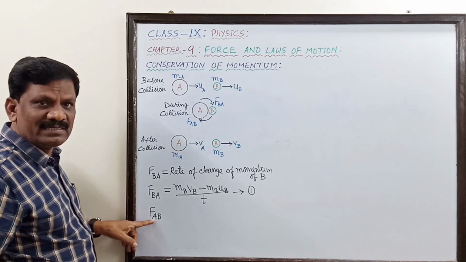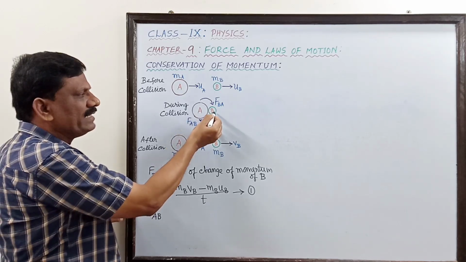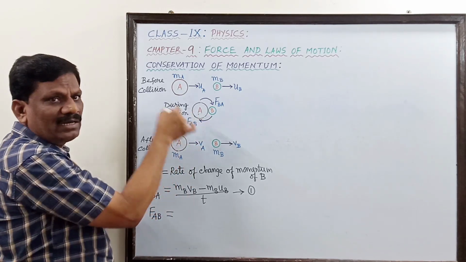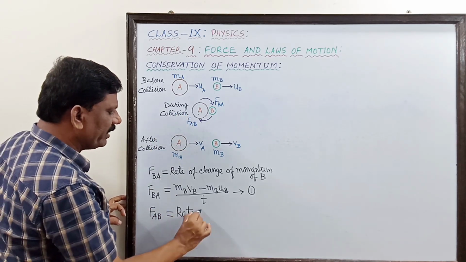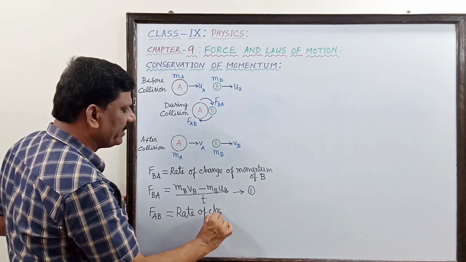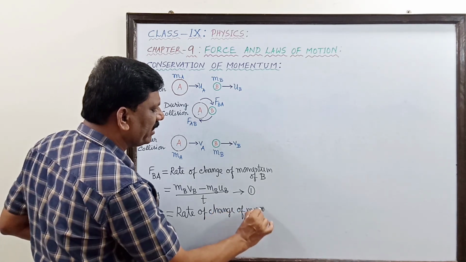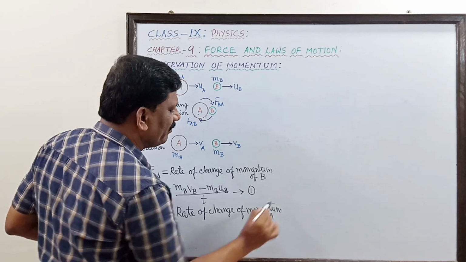First subscript is A. So FAB is the force acting on A and it is exerted by B. So on whom it is acting? On A. Therefore, this must be equal to what? The rate of change of momentum of A.